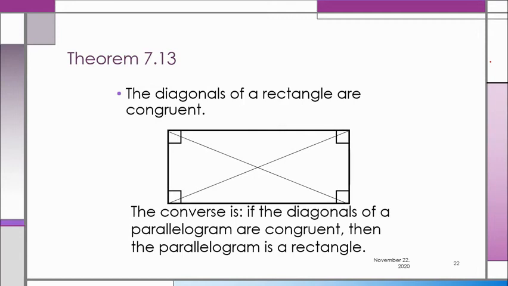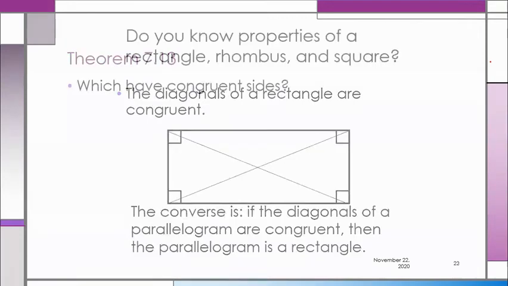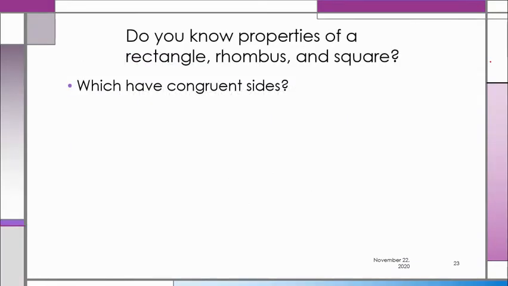The diagonals of a rectangle are congruent. The converse is if the diagonals of a parallelogram are congruent, then the parallelogram is a rectangle. Do you know properties of a rectangle, rhombus, and square, which have congruent sides? The rhombus and the square have congruent sides. Which ones have congruent diagonals?